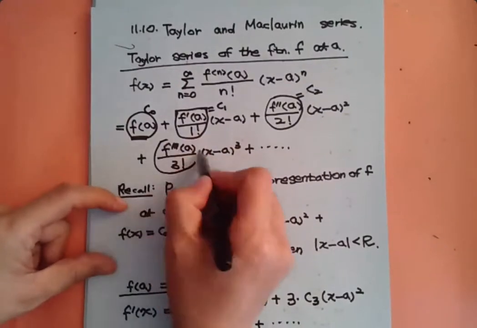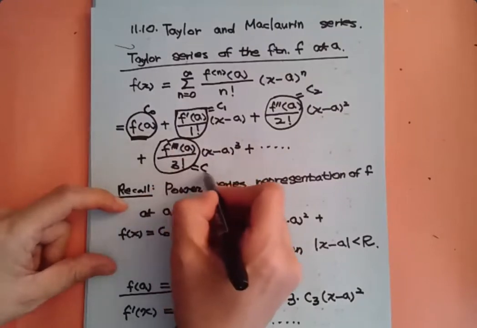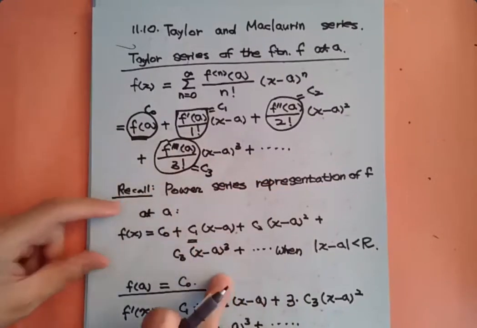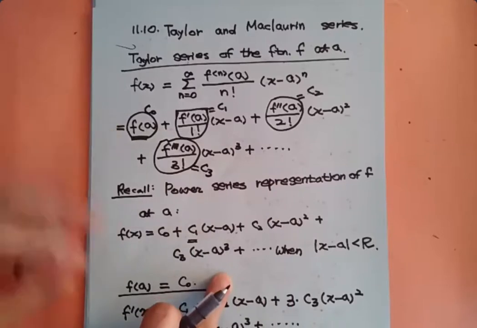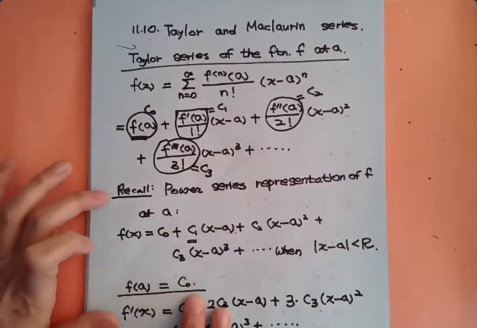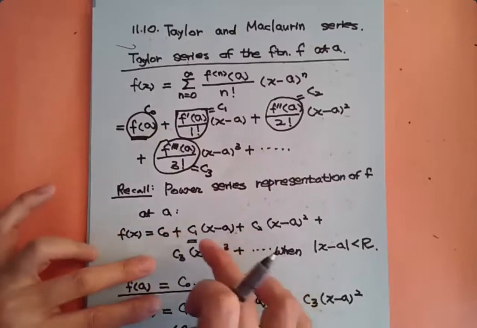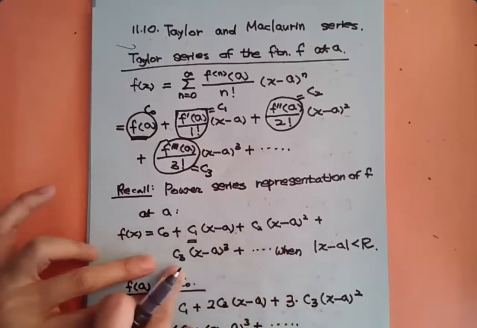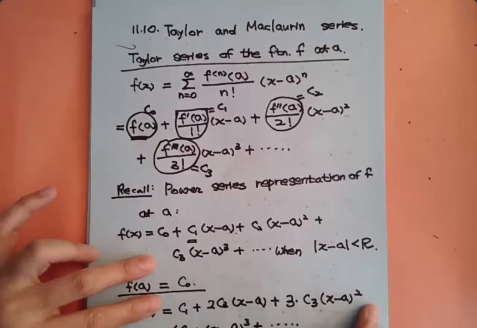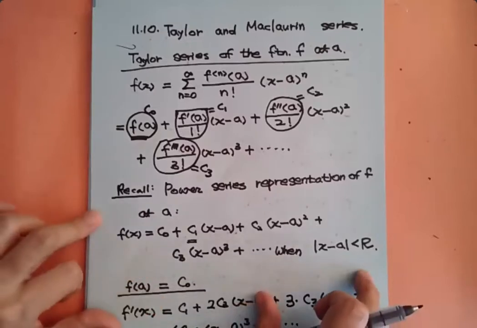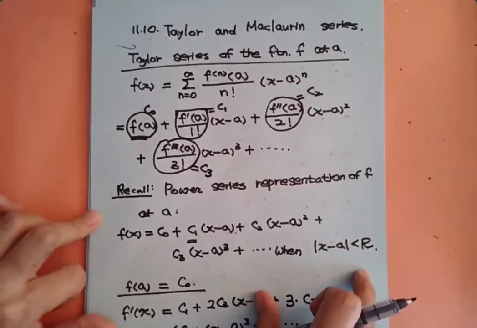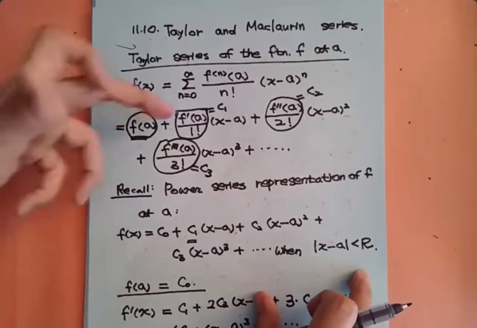And so we proved that this equals C3 in the power series, which has the same format. In this original power series representation, we didn't know what C0, C1, C2, C3 are. But after we assume that this power series expansion converges, when we differentiate, we could obtain all those coefficients.